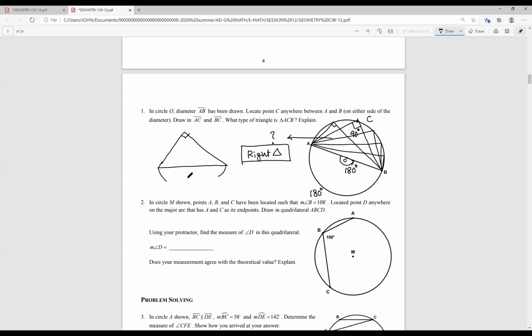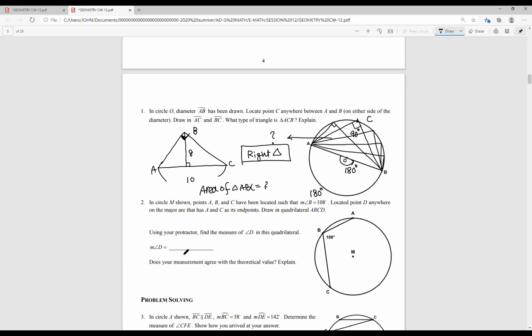Take a look. If this is 10, eight. This is the height. This is a right angle. What is the area of this one? Area of this triangle, triangle ABC.